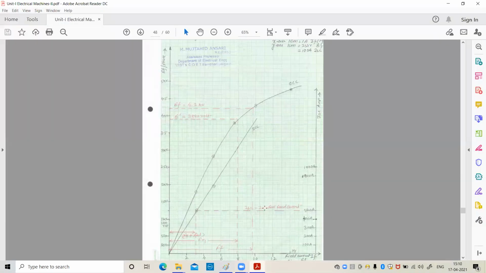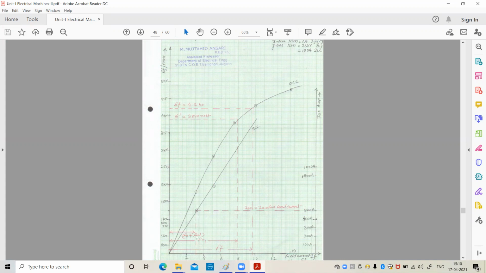So the full load current of the alternator is 500 ampere. From this 500 ampere, draw a horizontal line up to the short circuit characteristic and come to the x-axis, that is the field current. It is in between 2 and 3 ampere, 3.1 ampere.